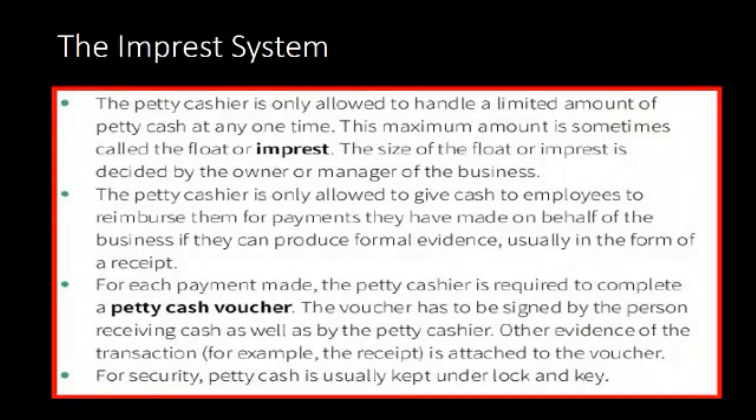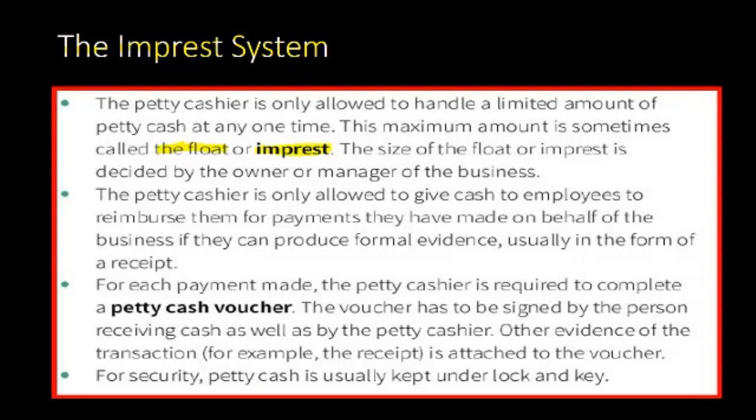How does the imprest system work? The petty cash system or the imprest system is a system that most businesses use for their petty cash. How it works is the petty cash is given a certain amount of money called a float at any one time, and the maximum amount is called the float, or sometimes it's called the imprest.